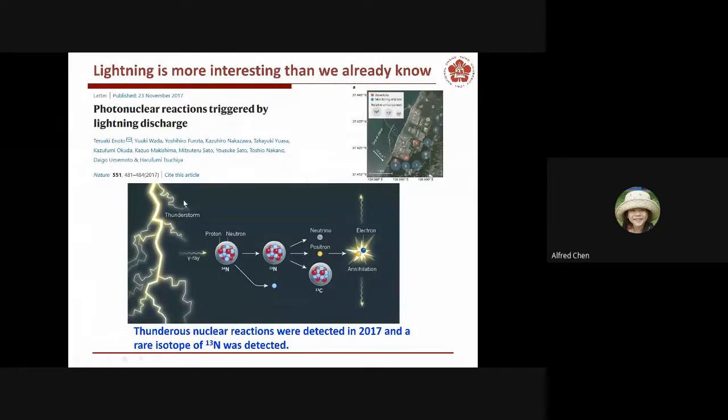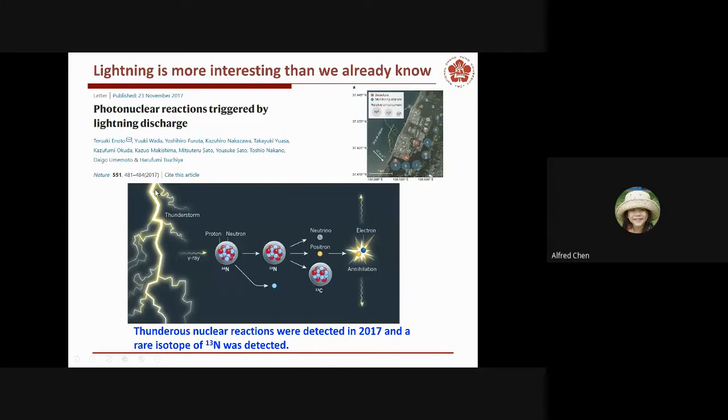This is another paper published in 2017. This is a Japan team from Kyoto University. They deployed several gamma ray detectors around a nuclear plant in Japan, and these detectors were deployed by the plant itself. And with these detectors, they identified the photonuclear reaction triggered by the lightning discharges.